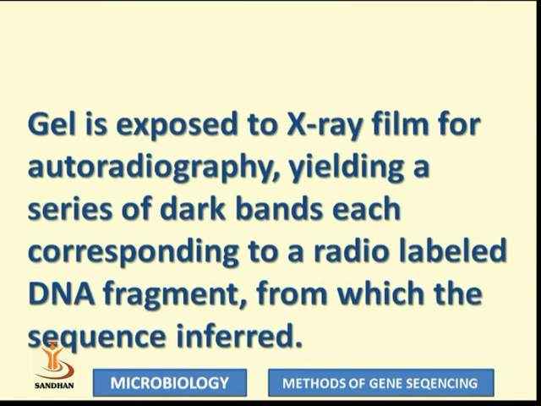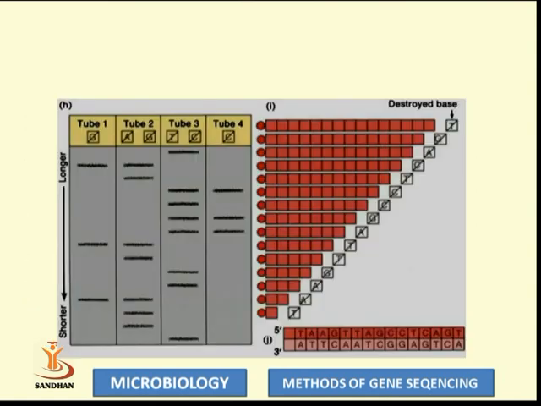This gel is exposed to X-ray film for autoradiography, and that will yield a series of dark bands, each corresponding to a specific radiolabeled DNA fragment from which the entire sequence is inferred. So the entire process goes like this: if I run the electrophoresis from tube 1, whatever fragments I get from tube 1 would have G as the end nucleotide, and depending upon their size they get separated.